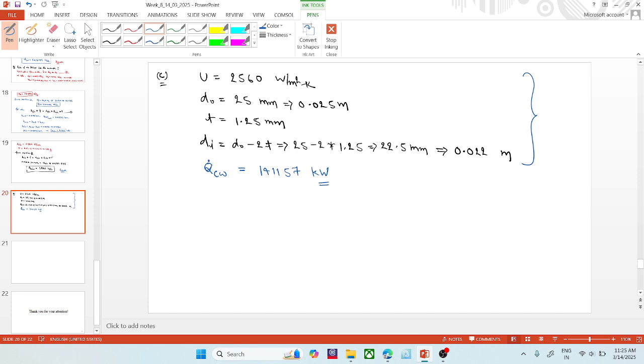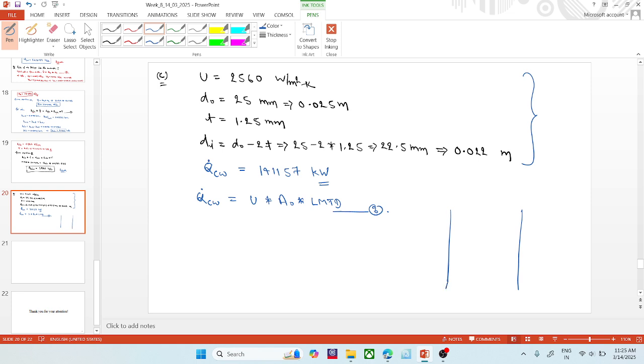Now we know the heat balance equation would be Q dot cooling water equals the overall heat transfer coefficient into outer surface area into logarithmic mean temperature difference. So this will be equation number 3. Now we have to find out the logarithmic mean temperature difference.